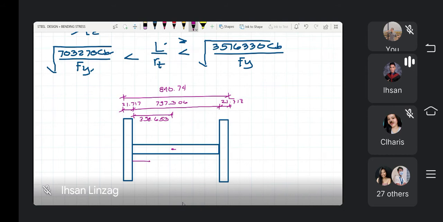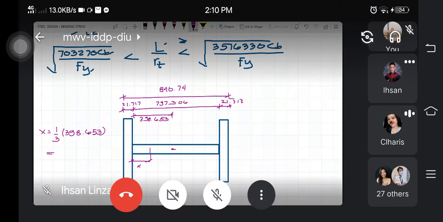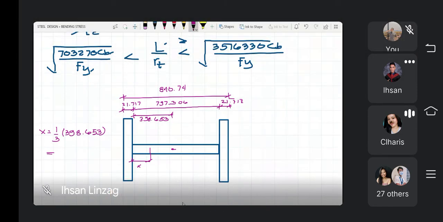So, ito yung 1/3, kunwari. So, this is the x value. For the x value, that is just the 1/3 of 398.653. So, what is this? 132.88.